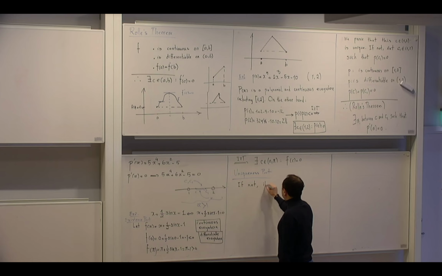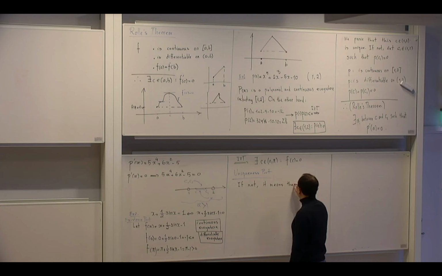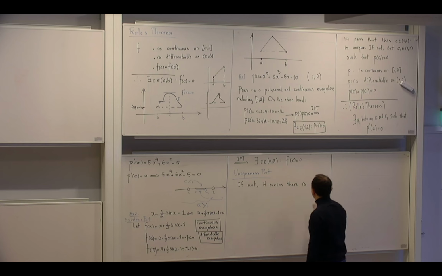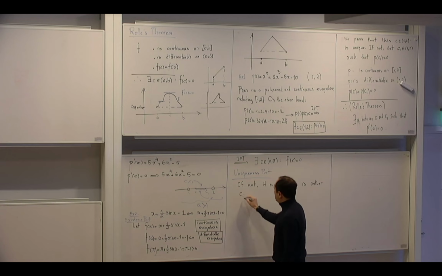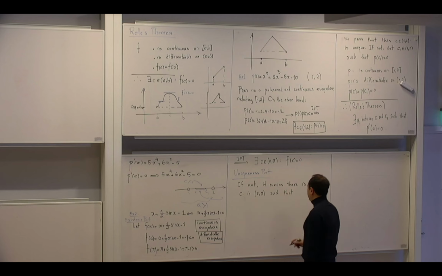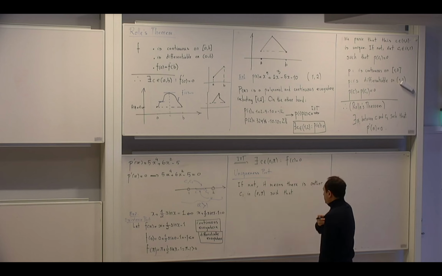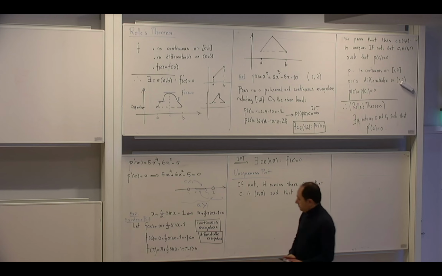It means there is, let me write with the same notation so you are not confused, another c1 in 0 and pi such that... okay, but this guarantees that there is no root inside 0 and pi. Can't we pick the interval? Okay, so let me not choose an interval because that's not a good idea.